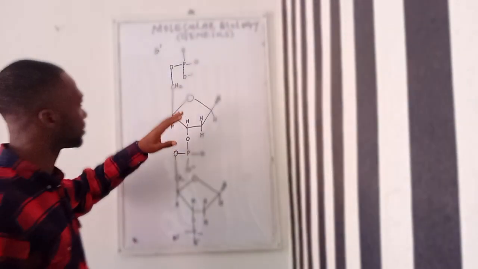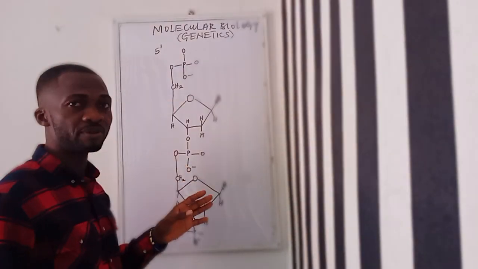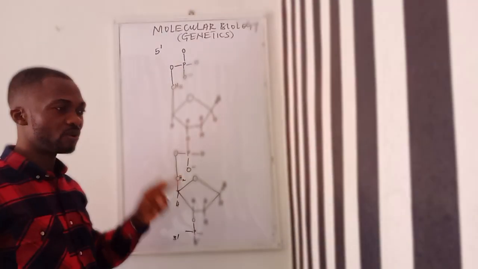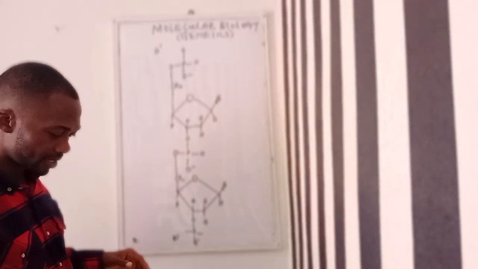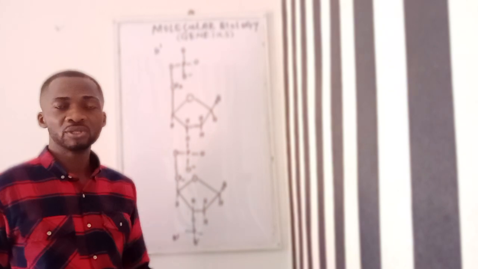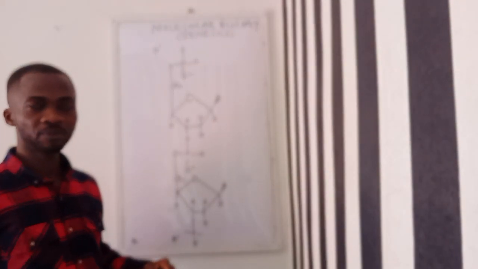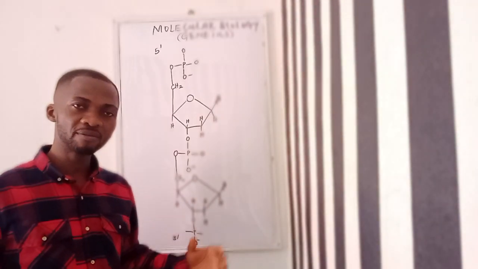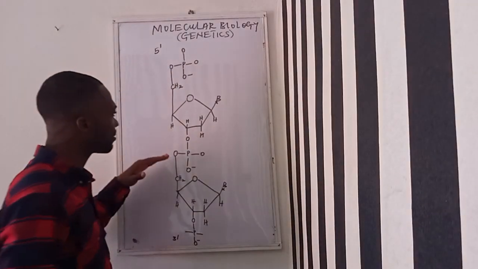If you look at this structure, you see that we have two different nucleotides. Don't forget I said that when DNA is separated from the protein component, it's made up of repeating units called nucleotides. Depending on the nucleic acid, you can have thousands of these nucleotides, but in this case, we only have two.